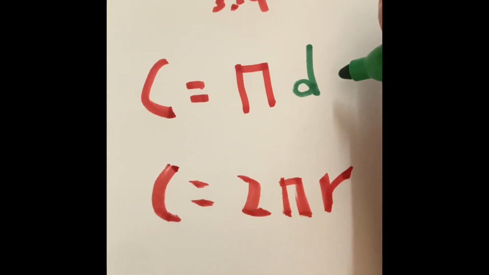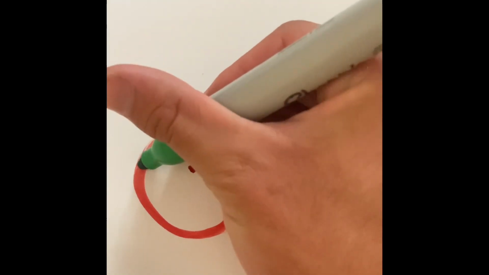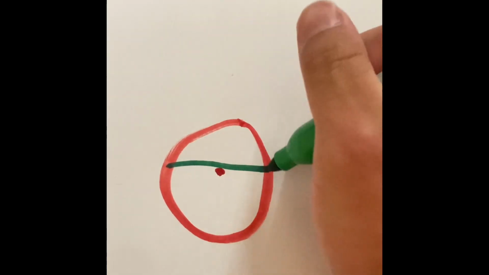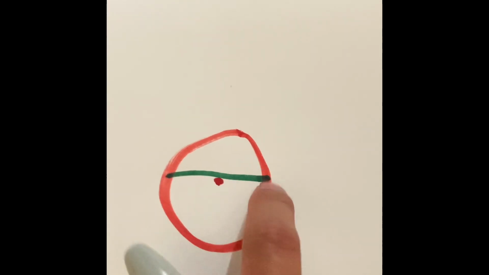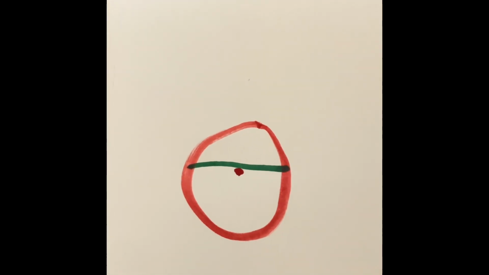Let's start with the diameter of the circle. The diameter is going to represent a line that stretches from one end of the circle to the other end of the circle. So it's going to stretch from left to right. We're going to measure the diameter from here to there as its full length. This is an example of the diameter.